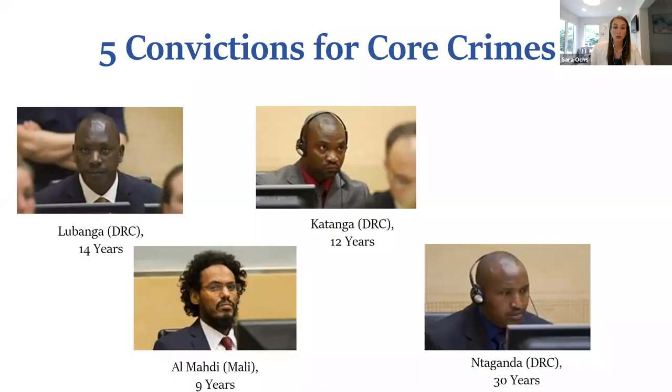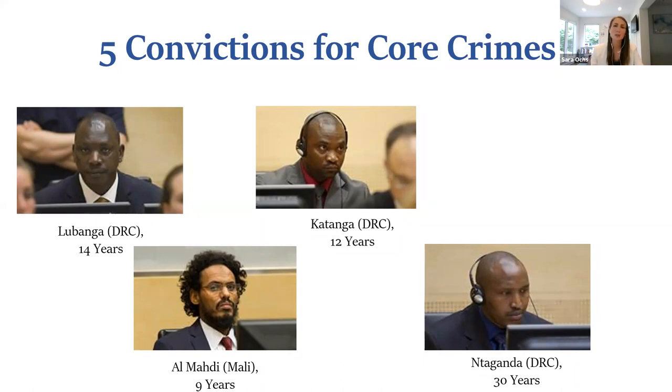Fourth, though, we have Bosco Ntaganda. Again, from the Democratic Republic of the Congo. He was a leader of the Congo Liberation Movement, a rebel group, convicted of war crimes and crimes against humanity. He was also the first conviction for sexual slavery and sexual-based violence before the court, which was a huge success.